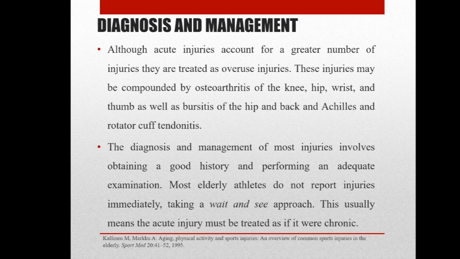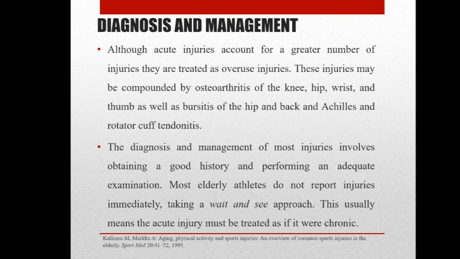Usually these injuries lead to further osteoarthritis of the knee, hip, wrist, thumb, as well as bursitis of the hip, back, and Achilles, or rotator cuff tendinitis can also occur. Good history taking and adequate examination are needed, as most elderly athletes do not report injuries immediately.